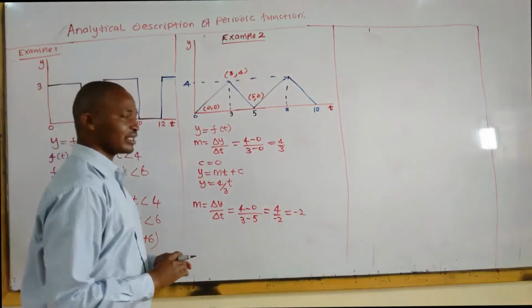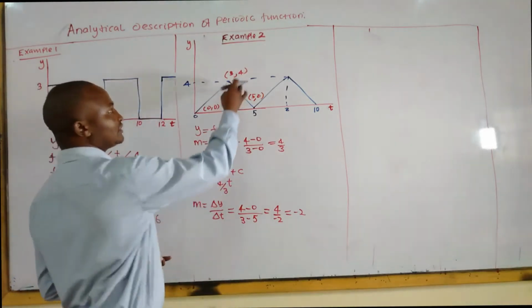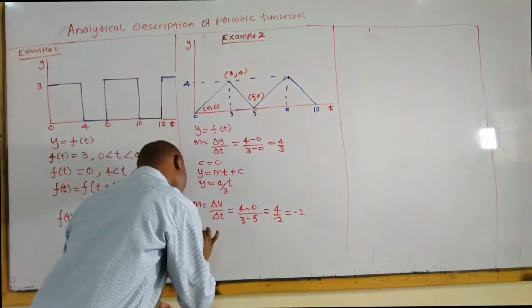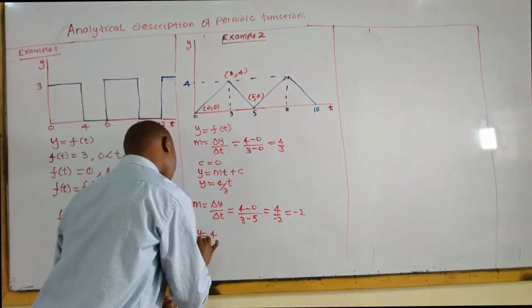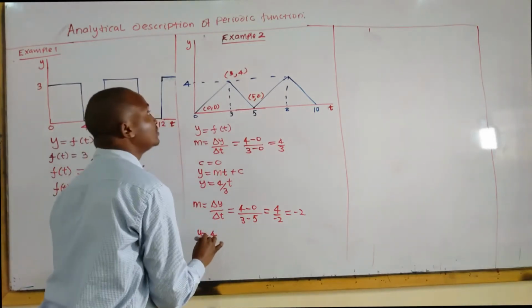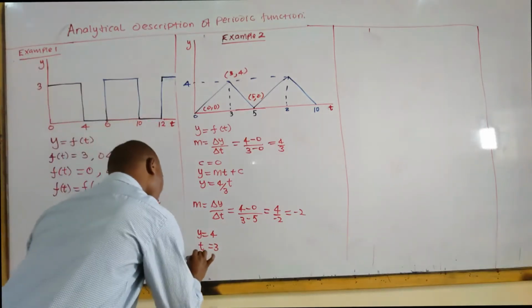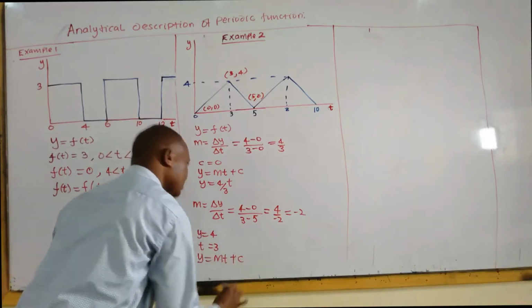We also need to determine the y-intercept. We can use the first point and we say y is equal to 4, t is equal to 3. And we also know y is equal to mt plus c.